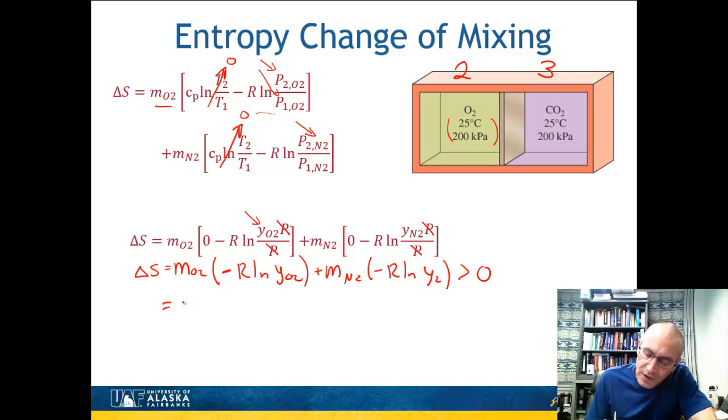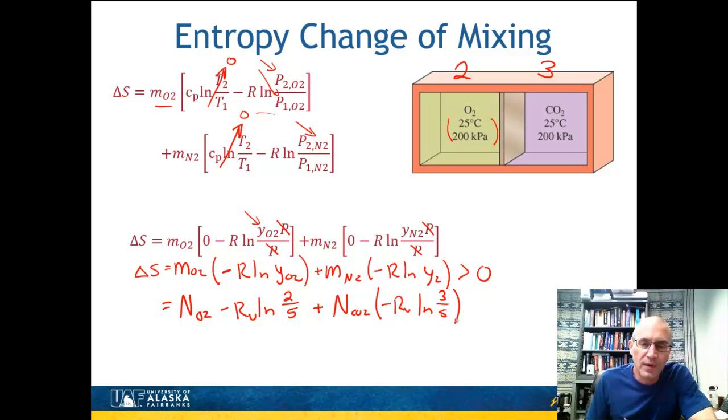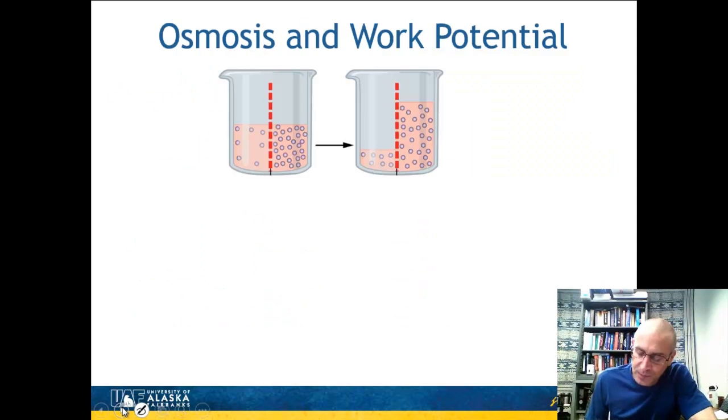I'll write this in terms of number of moles of O2, which is 2, times minus R universal times the natural log of the mole fraction, which is simply 2 over 5 after mixing. Then for the 3 moles of CO2, I've got minus R universal times the natural log of 3 over 5. And so I can determine the change in entropy upon mixing of those two gases, even if the temperature and absolute pressure don't change.